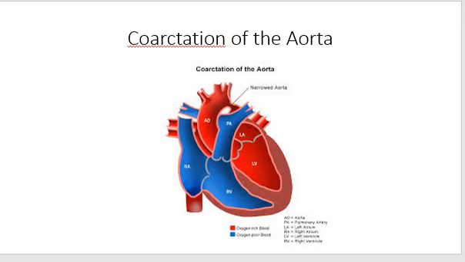Sometimes they can do percutaneous balloon angioplasty, where they go in the heart like in a catheterization, and they'll insert a balloon. Balloon angioplasty is being performed as a primary intervention in coarcs in older infants and children.